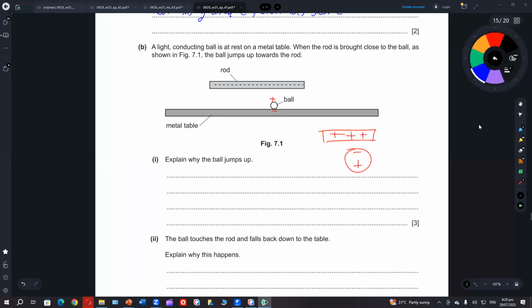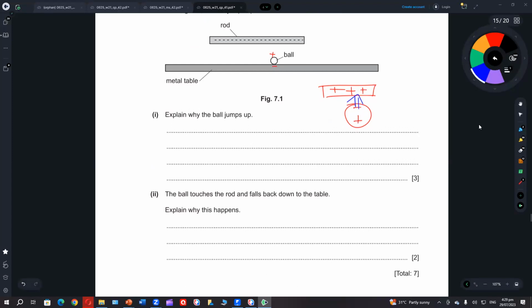Now you can see there will be a force of attraction because unlike charges attract each other. So first induction occurs, then the ball is attracted by the rod.